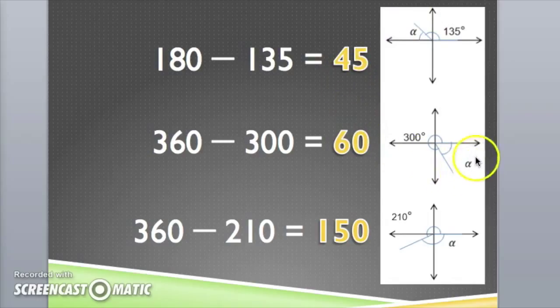For getting A in the second case, we had 360 minus 300, and this equals 60, so A equals 60. For getting A in the third case, we had 260 minus 210, which equals 150, so A equals 150.